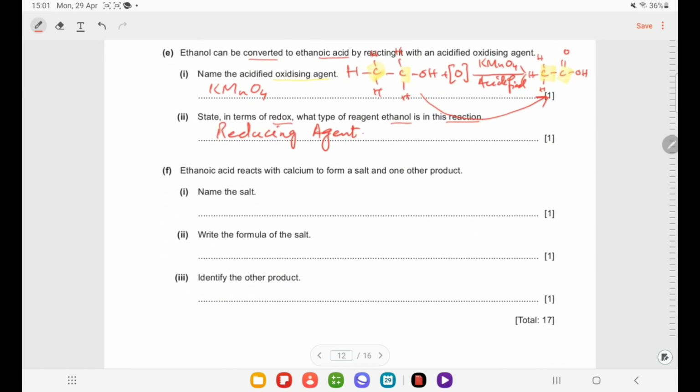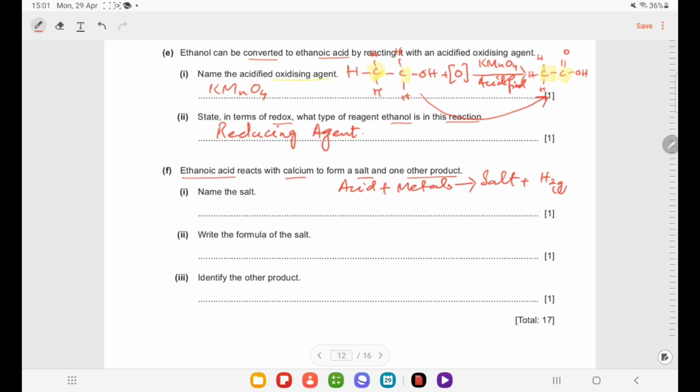Next part, ethanoic acid reacts with calcium to form a salt and one other product. Name the salt. First of all, you need to understand ethanoic acid is an acid, so this is a typical reaction between an acid and a metal. Whenever we react metals with acids, it always gives us a salt plus hydrogen gas.